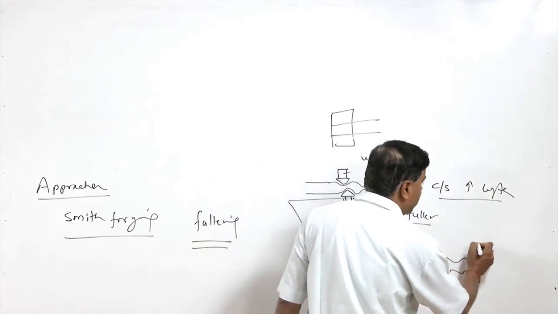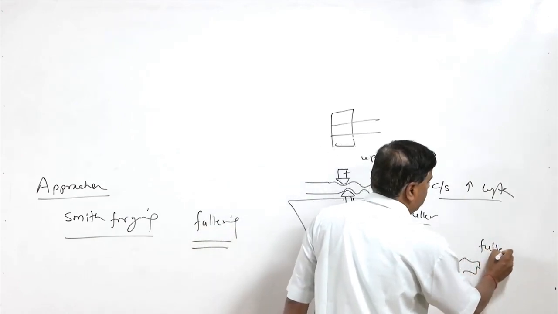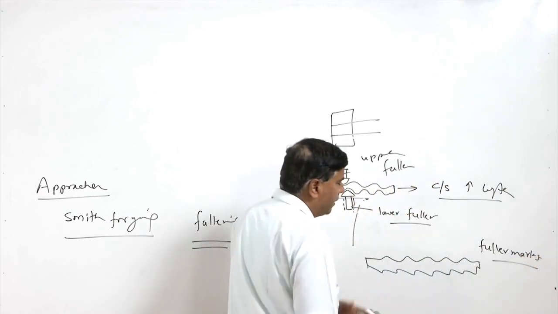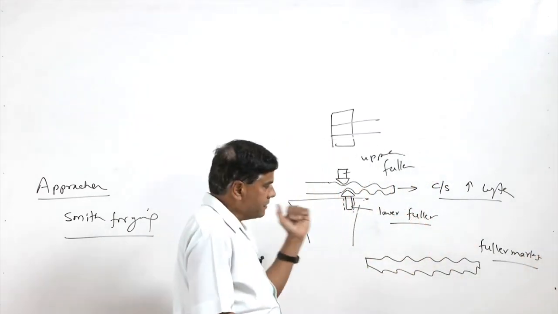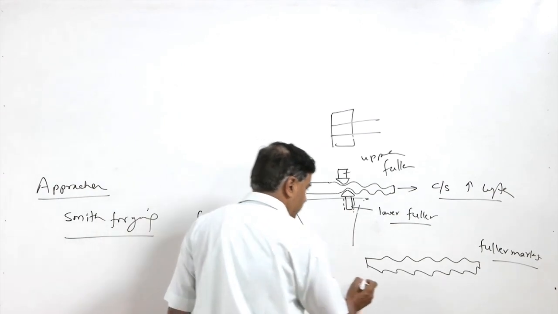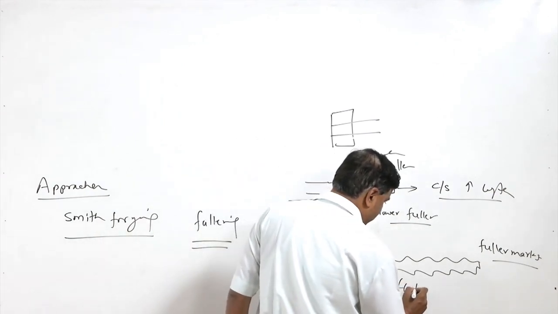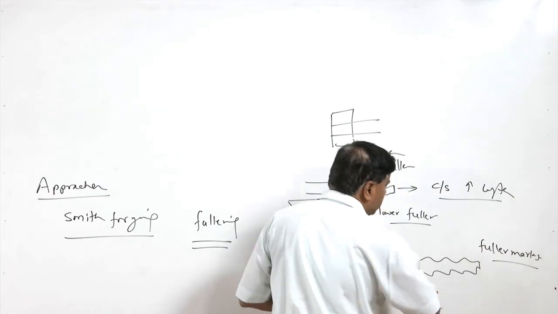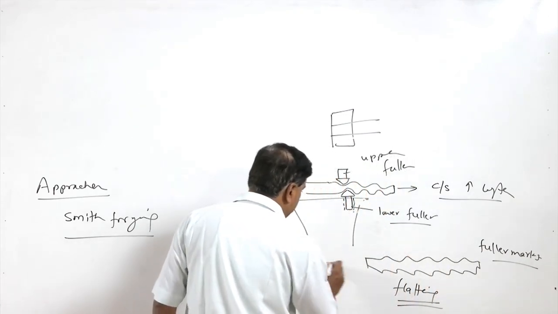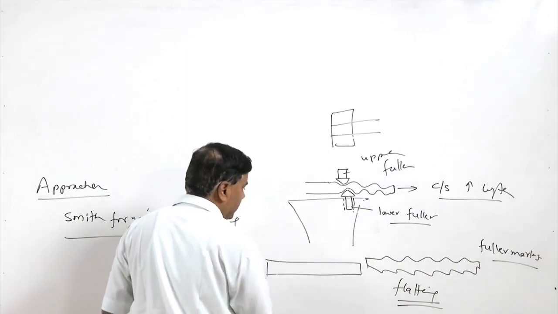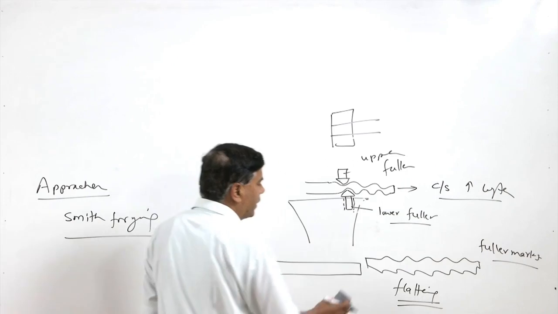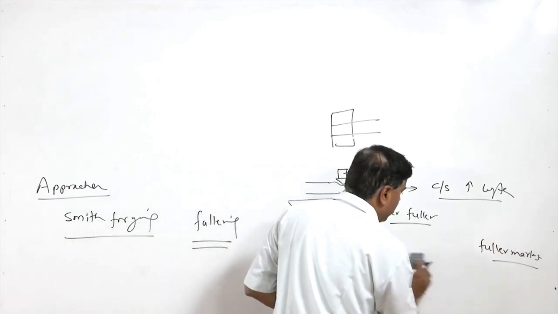Obviously, it will have the fuller marks. So, in order to smoothen the surface, basically the flattening is done so that all these fuller marks can be taken care of, and the reduced thickness can be achieved, so that required cross section can be achieved.